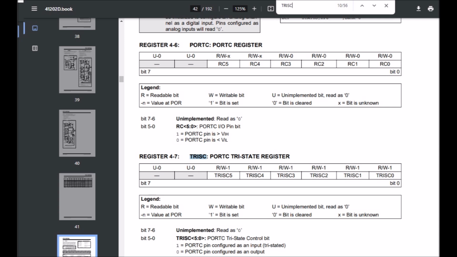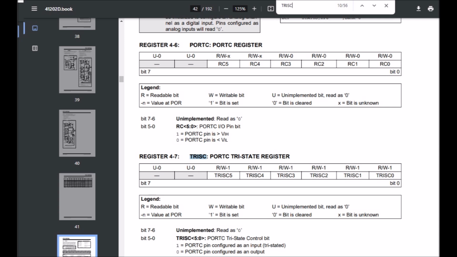Common features: interrupt on change. Certain pins on port A and port C can generate an interrupt when their input state changes.